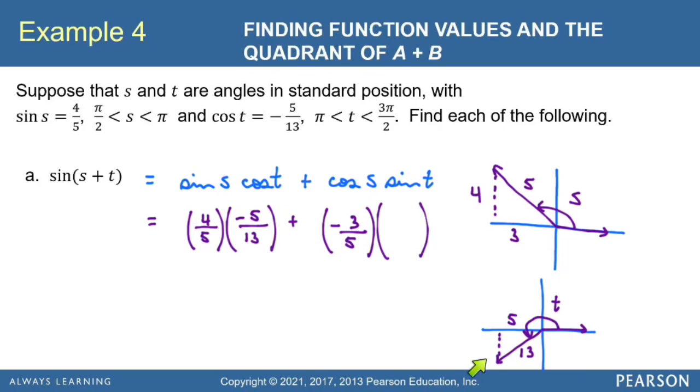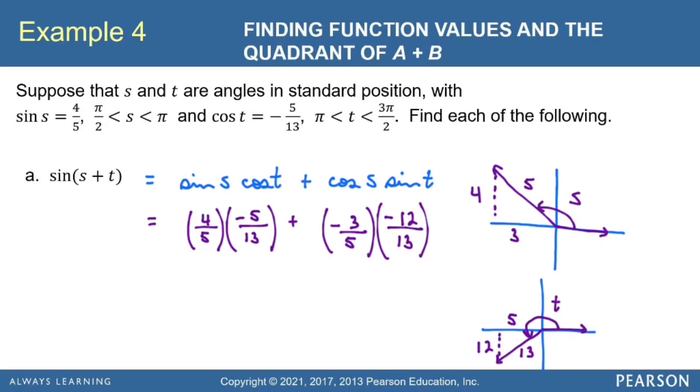Now, this one you might not recognize as easily, but if we subtract the squares, 13 squared minus 5 squared is 169 minus 25. That's 144, and the square root of 144 is 12. So our missing vertical side is 12, and now we know that the sine of T is going to have to be negative because it's a third quadrant angle, negative 12 over 13 because it's y over r.